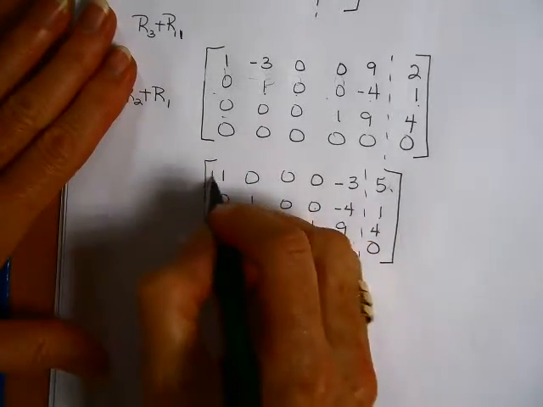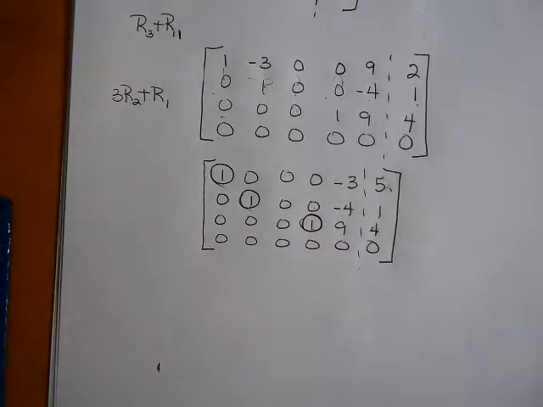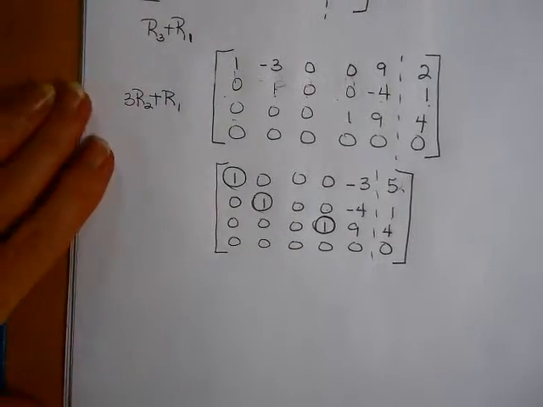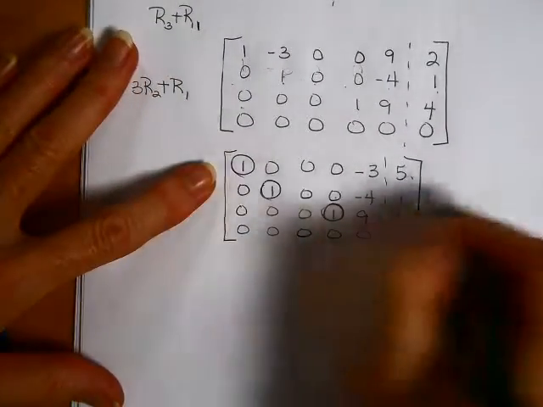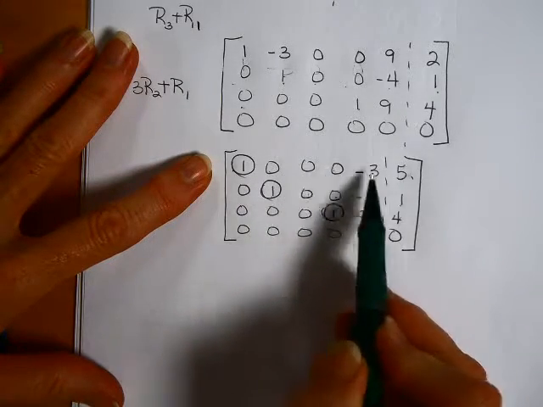Sorry, I got off. All right, your pivots. Here's a pivot, here's a pivot, and here's a pivot. So those represent where my basic variables are. And now I hope y'all checked my math. I think y'all were checking on me, weren't you? Okay, thank you. All right, so this one, there are lots of variables: x1, x2, x3, x4, and x5.